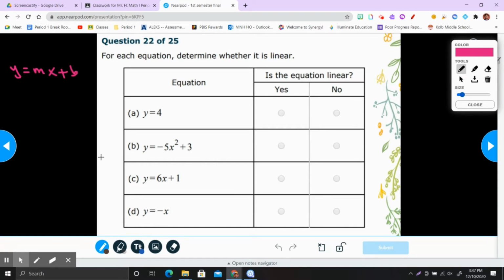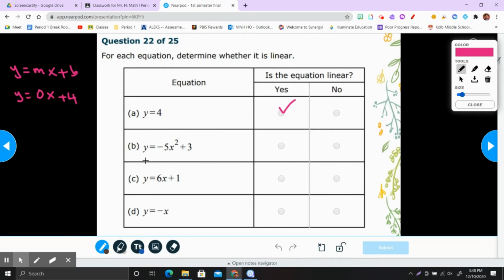I agree. So y equals 4, is this one a linear equation? What do you think? The answer is yes. Okay, this is basically y equals 0x plus 4. 0 times x disappeared. That's the reason why you only see y is 4.